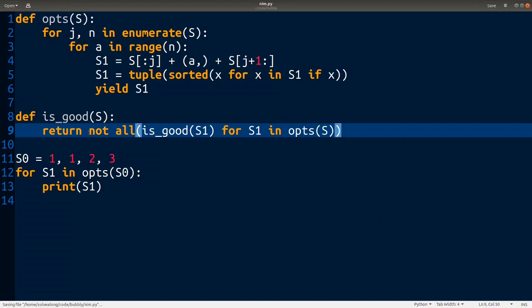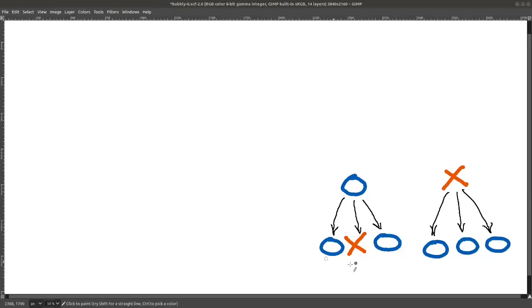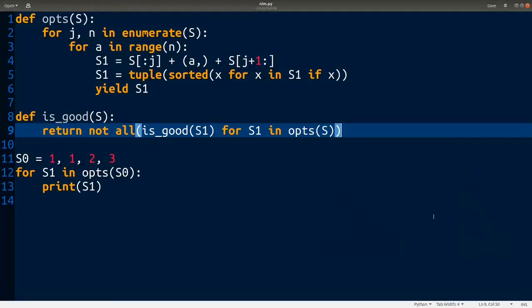Okay, and it's just one line, and this line is encoding our rule, that something is a good state as long as not all of the states you can reach from it are good states. Not all is good S1 for S1 in ops S. So it checks whether all of the states that you can reach are good states, and if they are, then it returns false, otherwise it returns true.